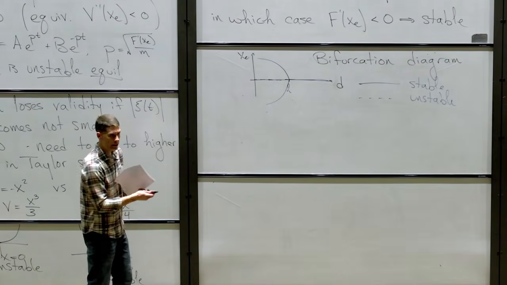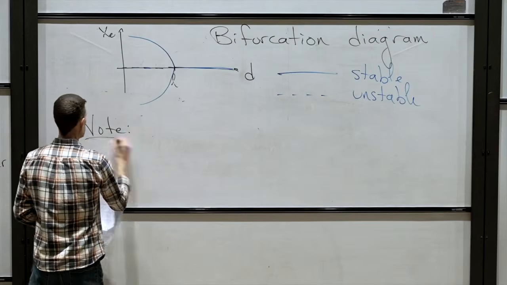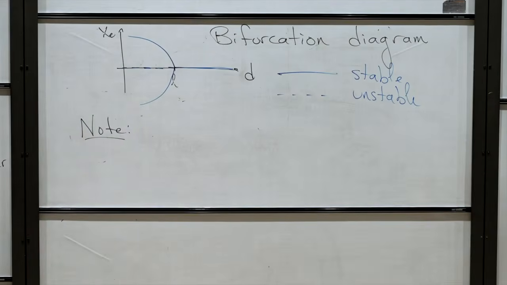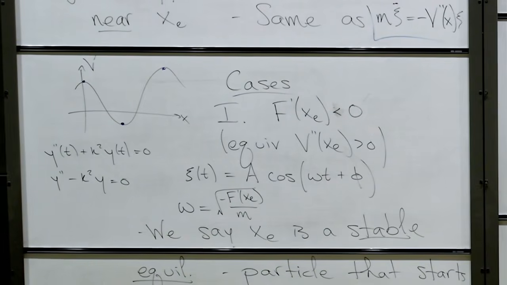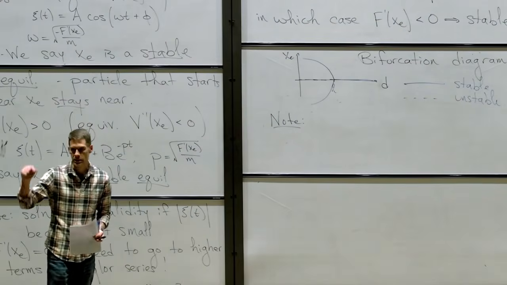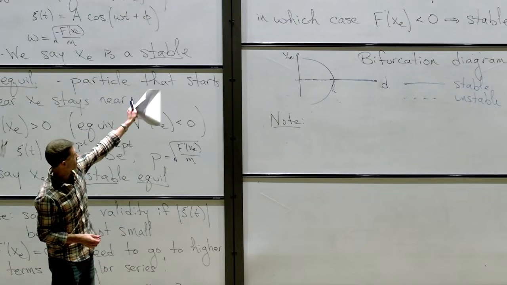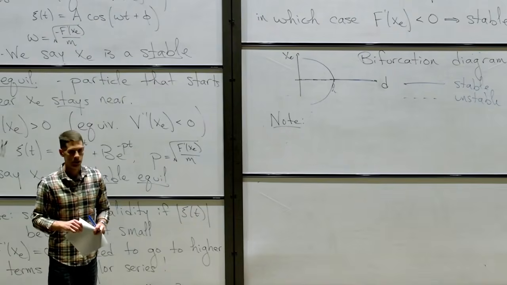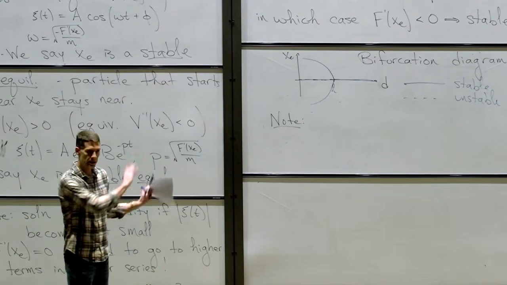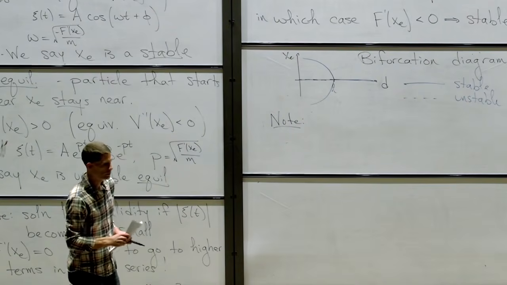Another note I want to make. Some of you will be tempted to just memorize what I've put over here, and given any problem you say, okay, I just need the f, and I just need to evaluate f prime at the equilibrium point and look at its sign. And in this problem, if you had just done that blindly, you would have gotten down a road of very ugly algebra. We managed to avoid the ugly algebra by thinking carefully about what terms are there.